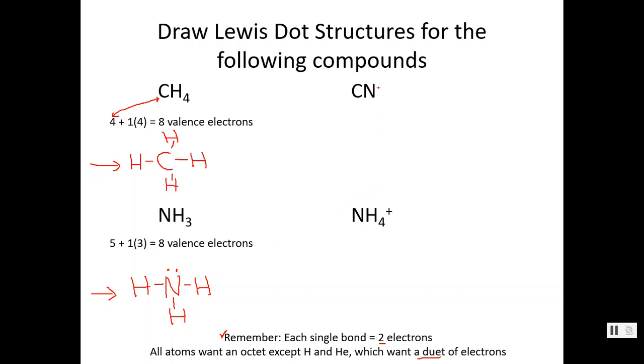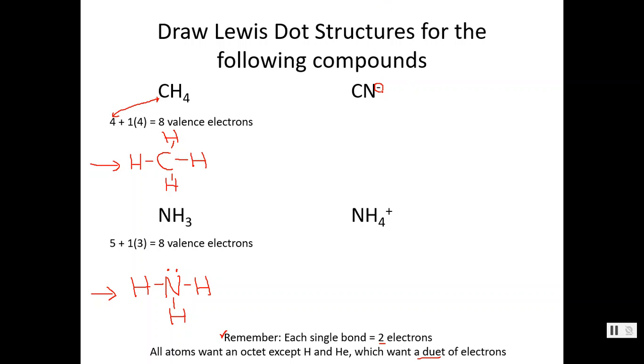Now let's go over to the right-hand side and do Lewis dot structures for these ions. In this first one, for CN⁻, this is our first instance where we have to deal with this negative charge. As we said in the previous video, when doing Lewis dot structures for ions, we need to take into account that charge by either adding or subtracting the appropriate number of electrons.